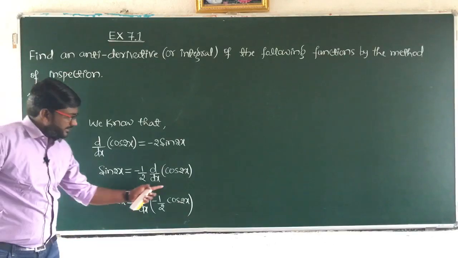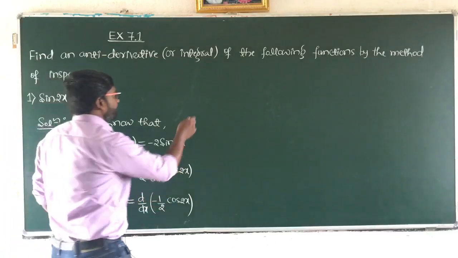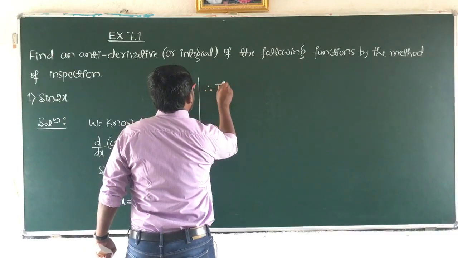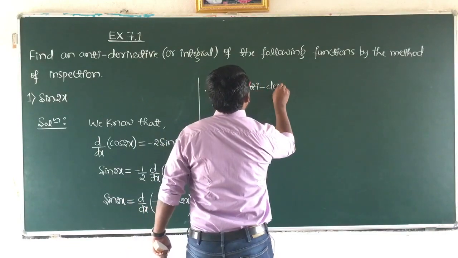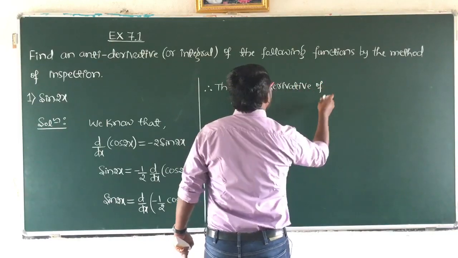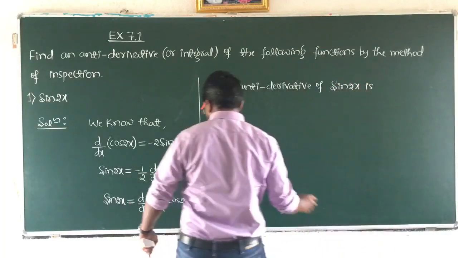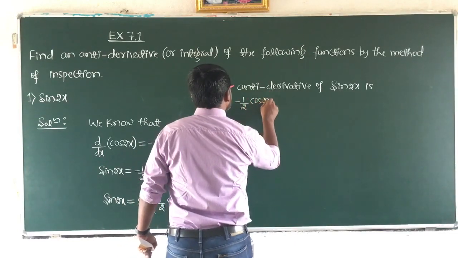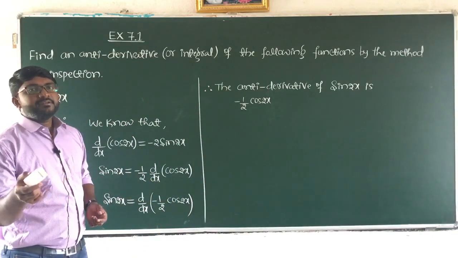Therefore this is the antiderivative or the integral of the given function. Therefore the antiderivative of sin 2x is minus 1 by 2 cos 2x. This is how we find the antiderivative of the given function by the inspection method.